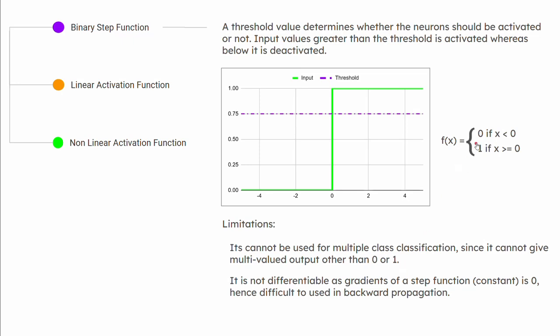Since these values are constant, in backward propagation we need to take the derivative of this. The derivative of 0 or of 1 is always going to be 0. When the derivative is 0, you cannot do backward propagation. Everything is basically going to be 0. So this is a limitation of the binary step function.